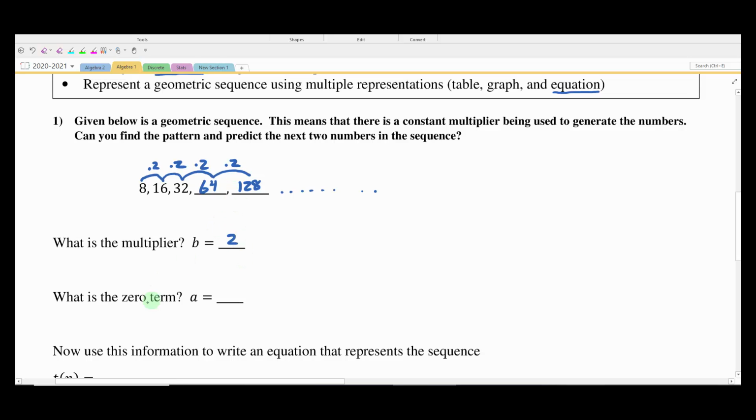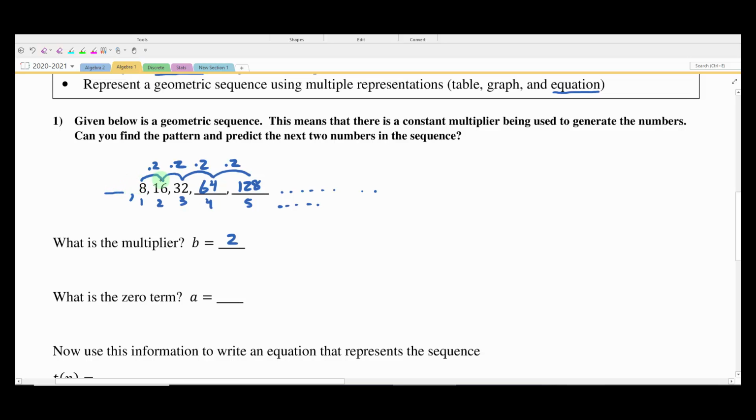Now, this term called the zero term, let's talk about that real quick. When we look at a list of numbers, this 8 is what we call term 1, the 16 is term 2, and this would be term 3, 4, and 5, and so on. The zero term would be the term that comes before the 8, and it's not actually part of the sequence. It's a hypothetical term that would exist if we were to go backwards in our sequence from term 1.